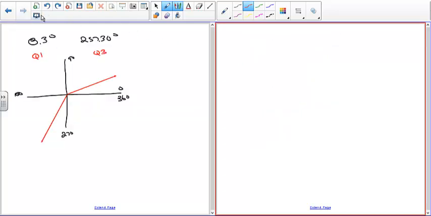And as far as drawing angles in their standard position, the same thing applies. If you're given an angle and you have to figure out where it points sketch-wise, here's 0, here's 90, here's 180, here's 270. So if I gave you negative 270 degrees or positive 120 degrees.